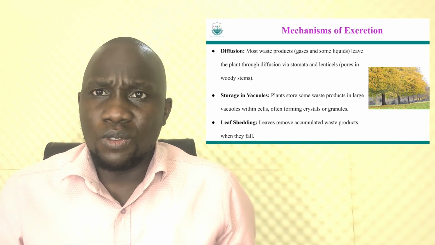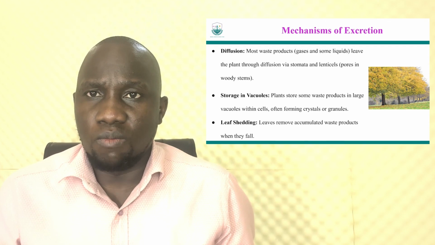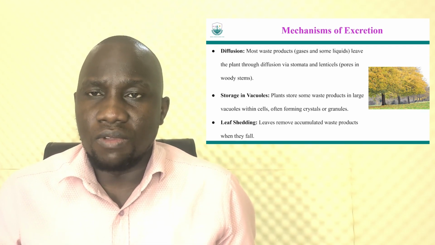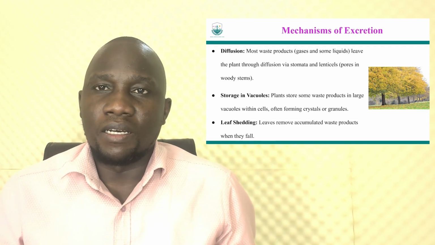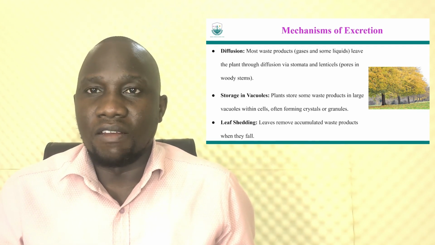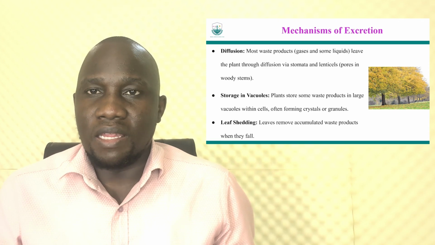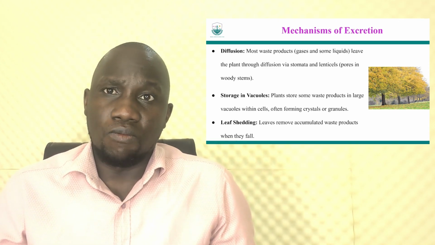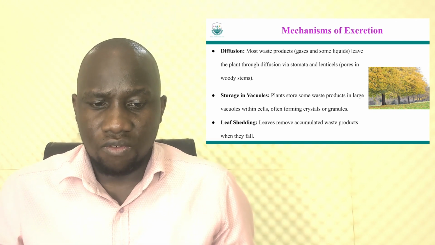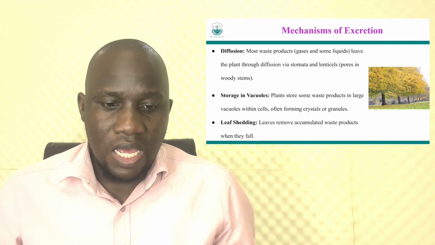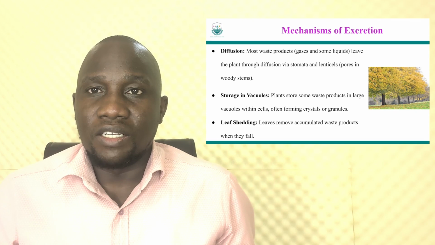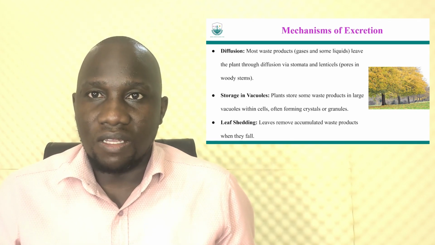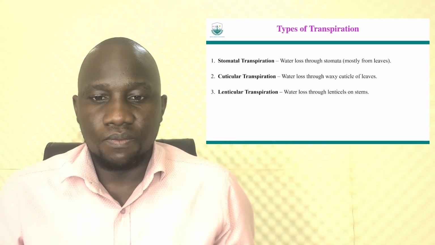And for those waste products that are not extremely toxic, they can be stored within the cells or tissues of the plant, specifically in the vacuoles. This can include the organic waste products and nitrogenous waste products that we have talked about. And then we have those that are stored in the leaves, and when the leaves fall off, these waste products are removed.